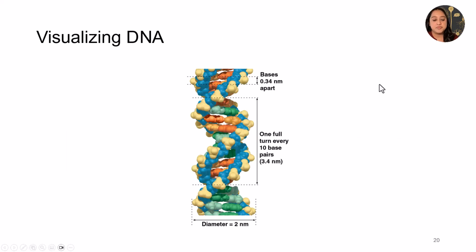So this is a visual of DNA, and here is one rung on this ladder, and each side, with the blue and tan, is alternating sugar phosphates from each nucleotide.